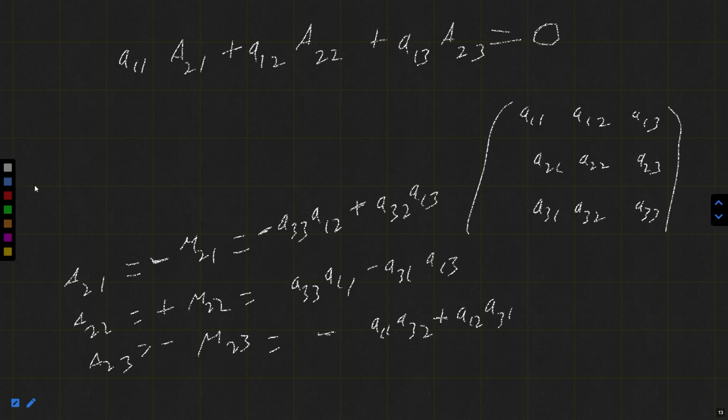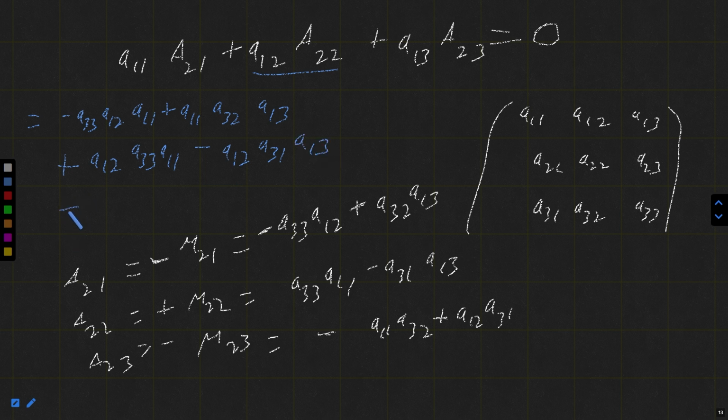Now A11 is going to multiply with this A21. So you will have minus A33 A12 A11 plus A11 A32 A13. Simple. Now plus A12 multiplied with A33 A11 minus A12 A31 A13.